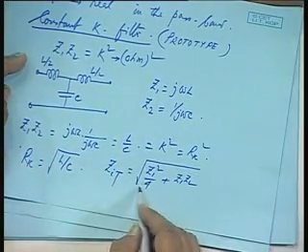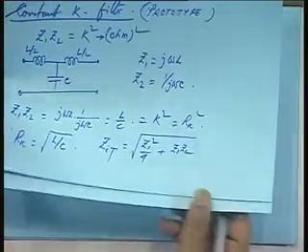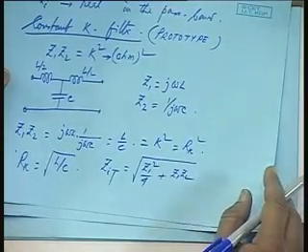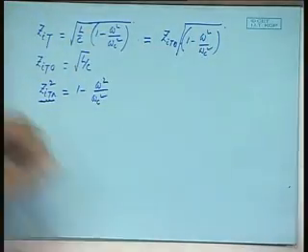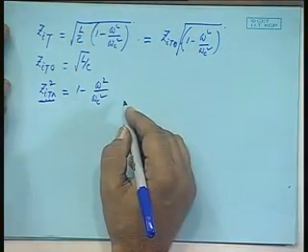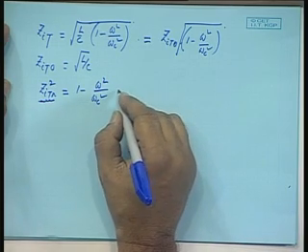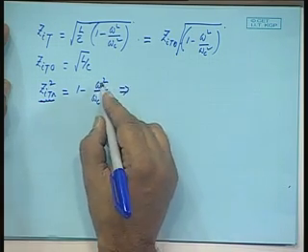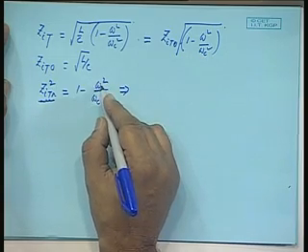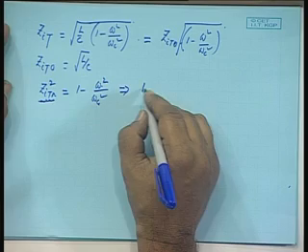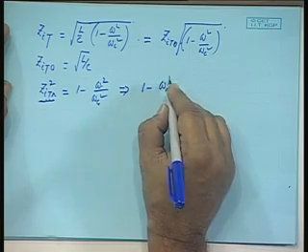Z I T was root over of this. If I normalize the frequency with respect to omega C, then I can write this as 1 minus omega normalized squared.